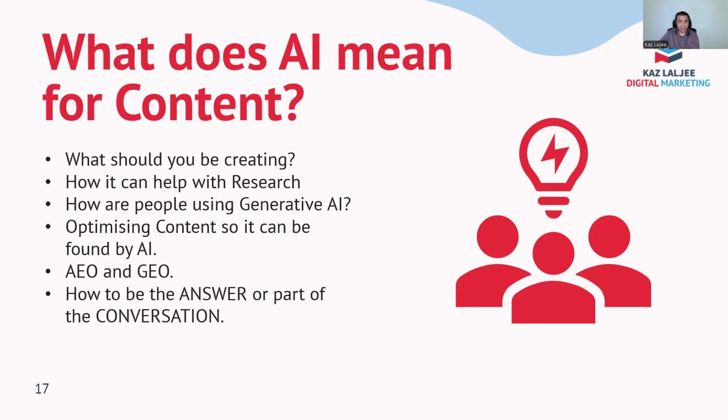So how it can help with research. We know how AI can help with research. We've done that in other modules. How are people using generative AI? Have a think about that. Optimizing content so it can be found in AI. How do you make your content be found in AI? Once again, we've done that update on the SEO section and the website section of the other modules.